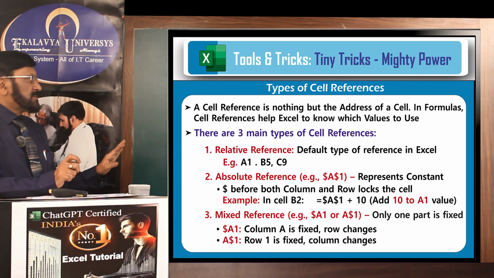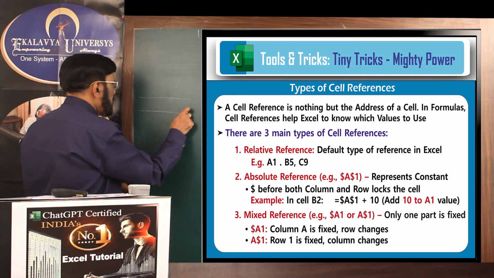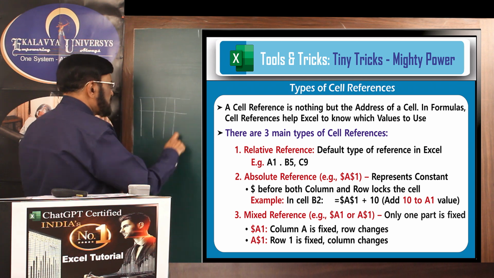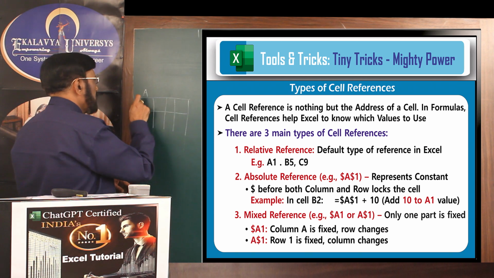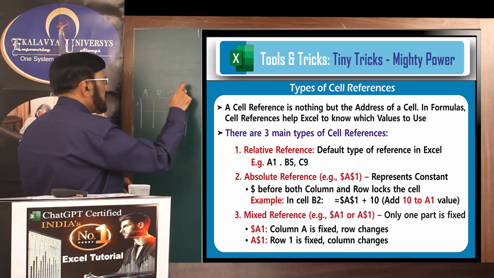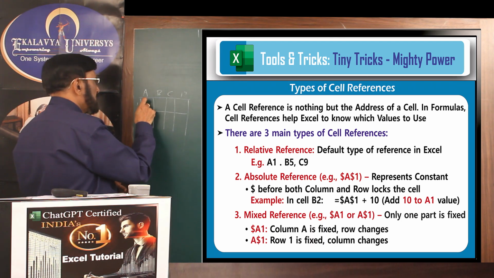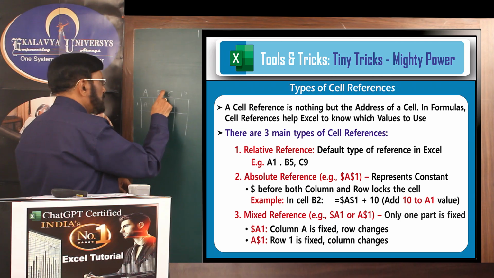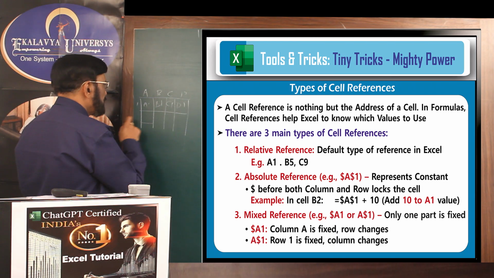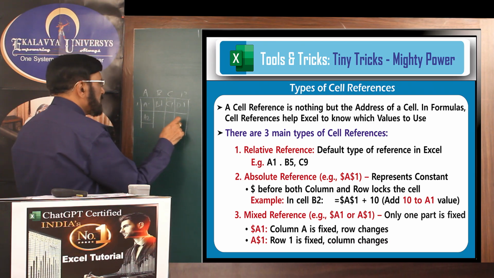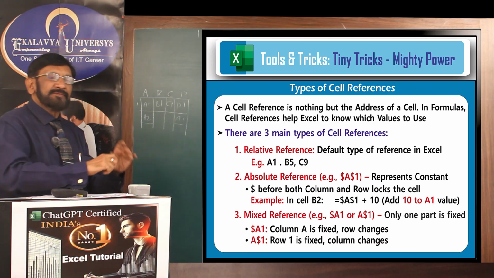What is a cell reference? An Excel sheet is divided like this. Suppose this is A, B, C, D. This is A1, this is B1, this is C1, this is D1, this is A2, this is A4. These are cell references.